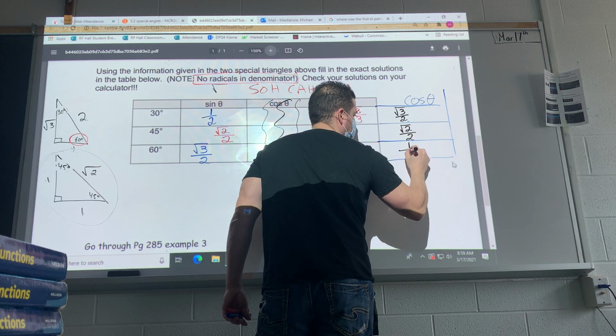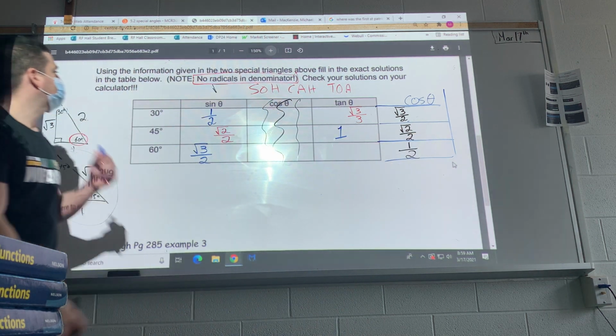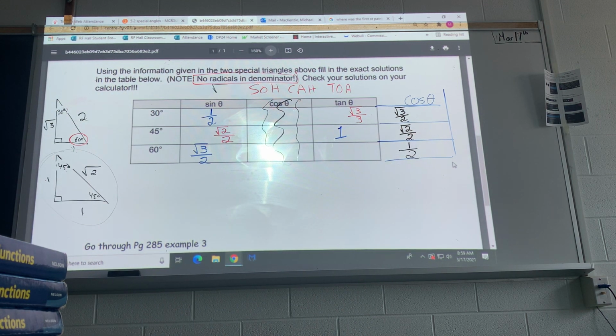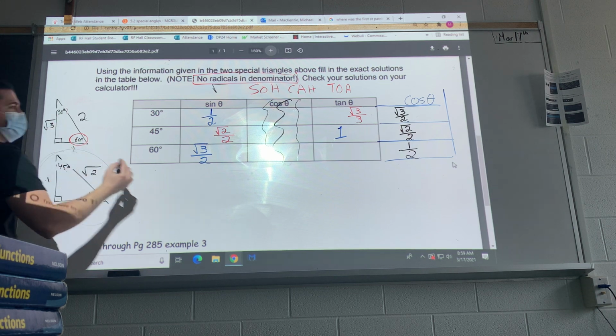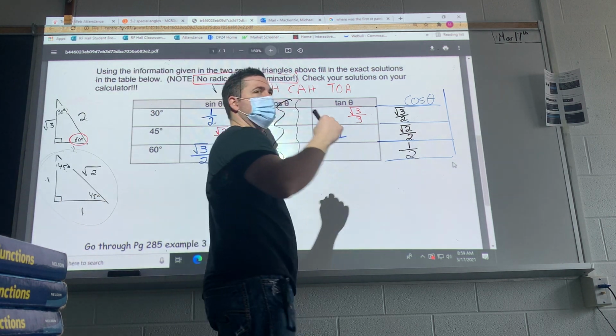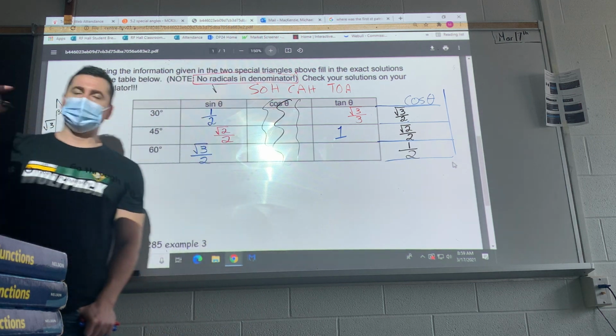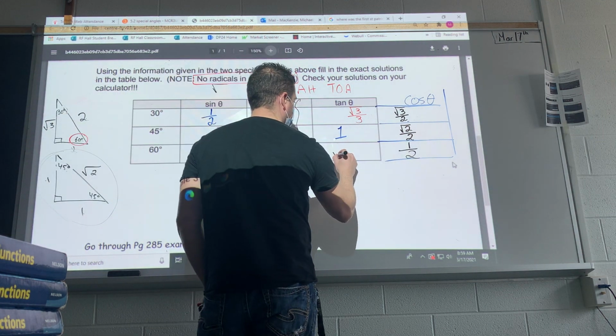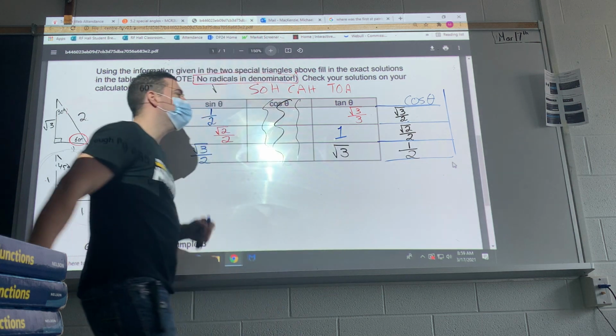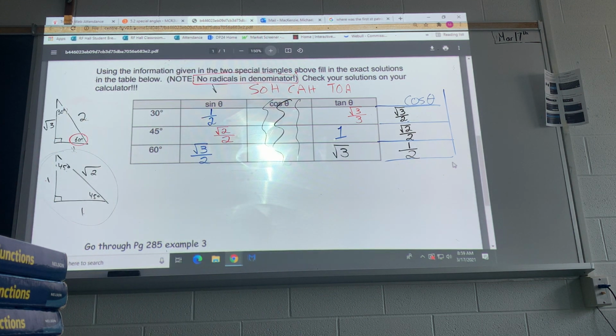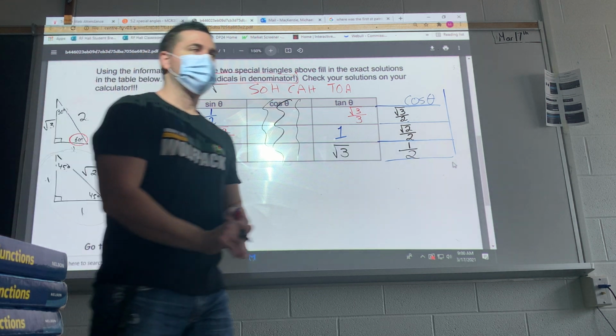And last, tan 60. Opposite over adjacent is root 3 over 1, or just root 3. Good.